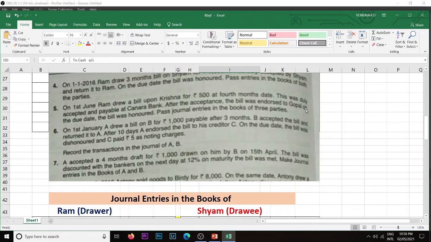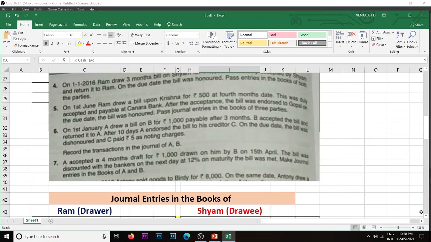He is called the endorsee. Ram is called the endorser. On the due date, the bill was honored. The acceptor paid the money, 500. Now the bill is with Gopal, and Gopal received the money.